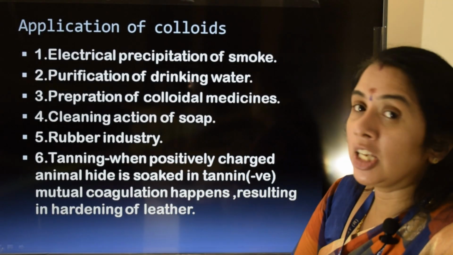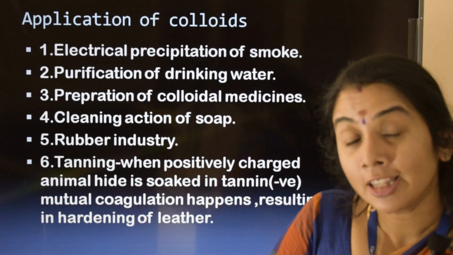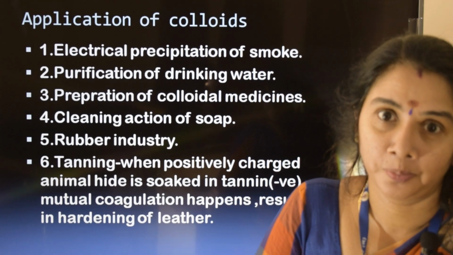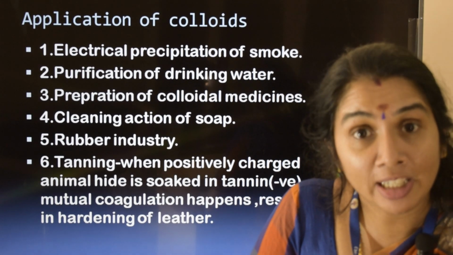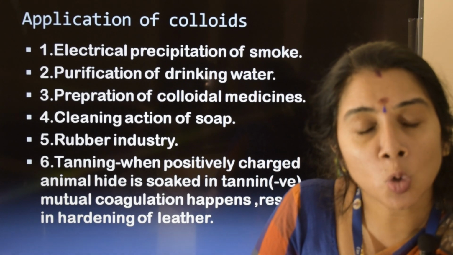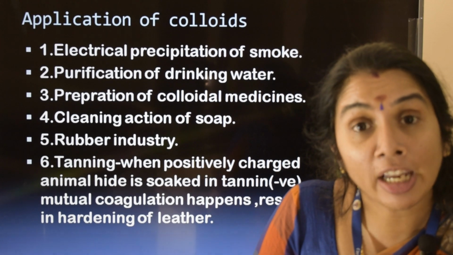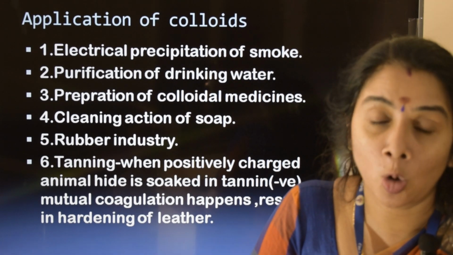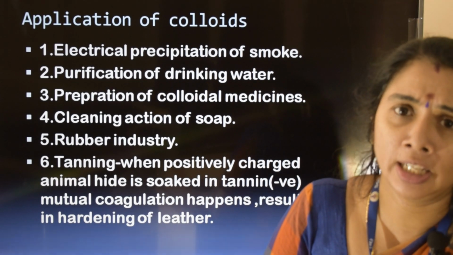Last, the application of colloids. In application of colloids, the first one is electrical precipitation of smoke. From the factories, the smoke that is released will contain so many harmful particles. But if the particles are in the range of colloids, we can coagulate those particles, or we can collect those particles by electrophoresis technique.